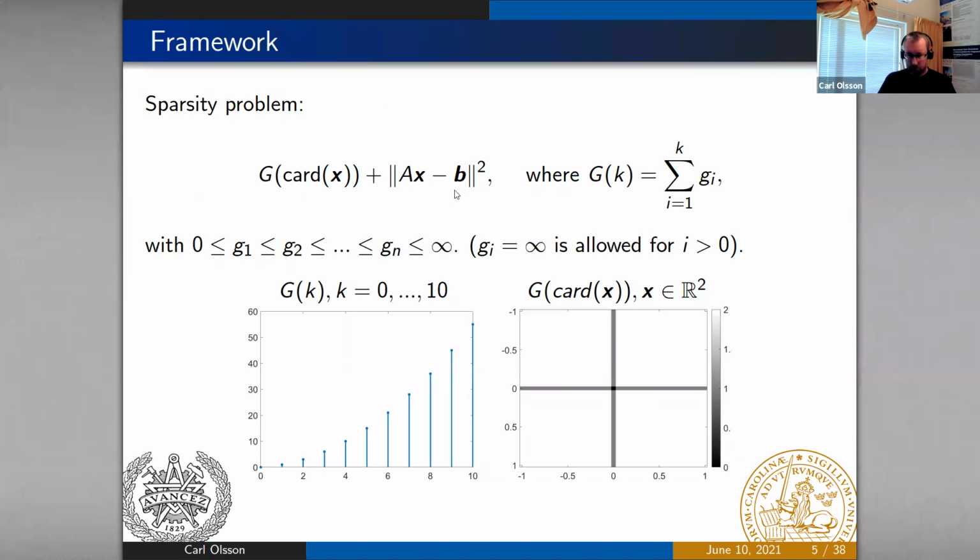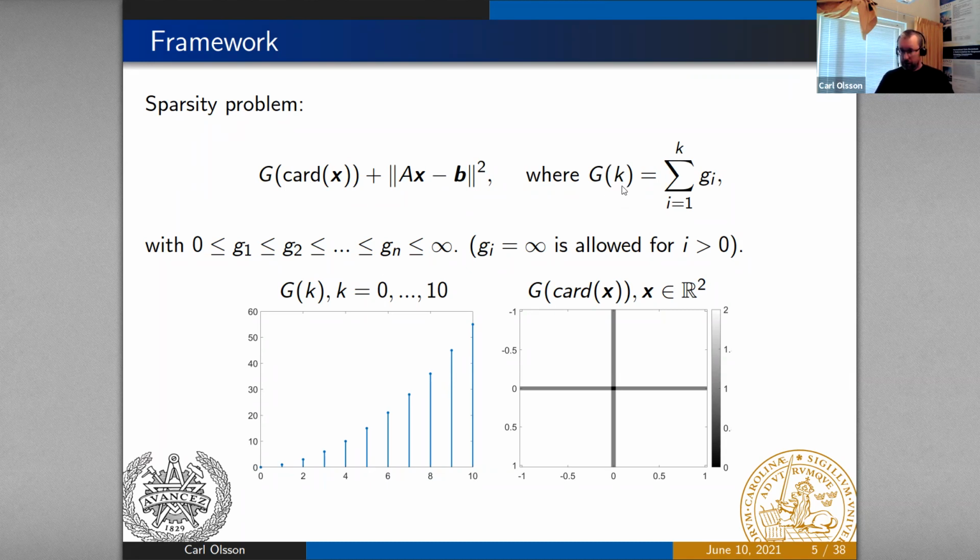So we have the usual suspect, this least squares term, some kind of data fit, and then we have some kind of regularization. So a penalty of the cardinality or the rank. So here, both cardinality and rank is going to work. The results will be almost identical.